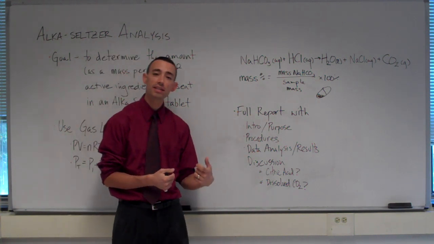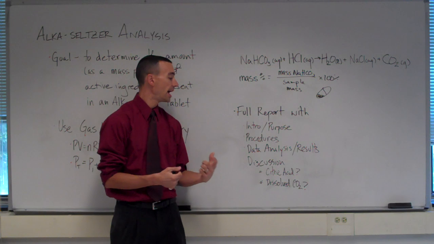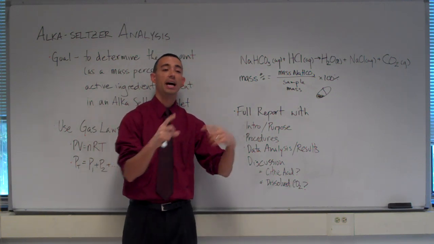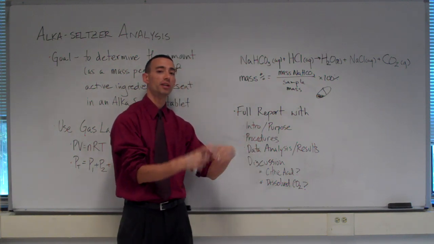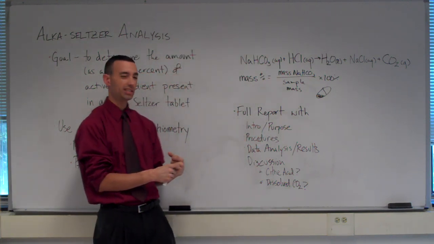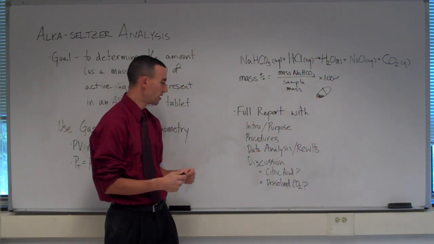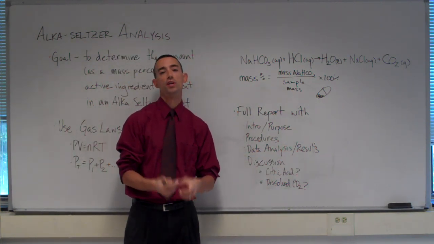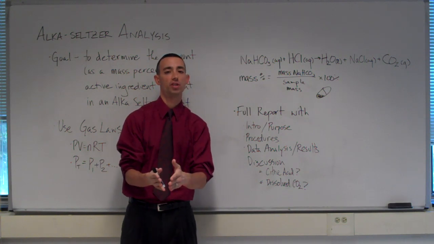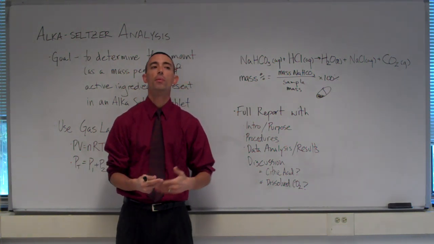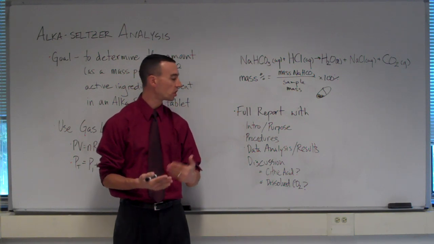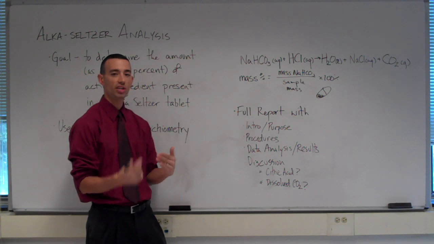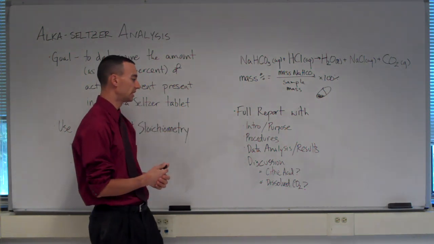Then you'll show the analysis, the calculations, and we ask that you first show the formula, I should say, and then show an example substituting one of your data points, say your trial 1 value. Finally, give a table or summary of all of your results. You're showing one set of calculations, perhaps for trial 1, but we'd like to see the answer or result from all 3 of your calculations, and then any averages or percent errors as appropriate.